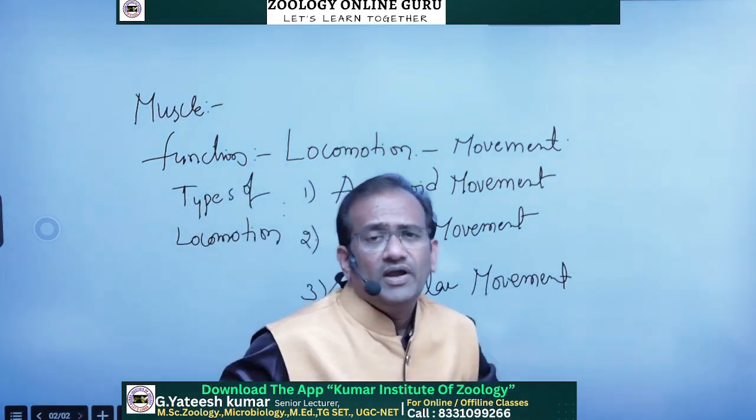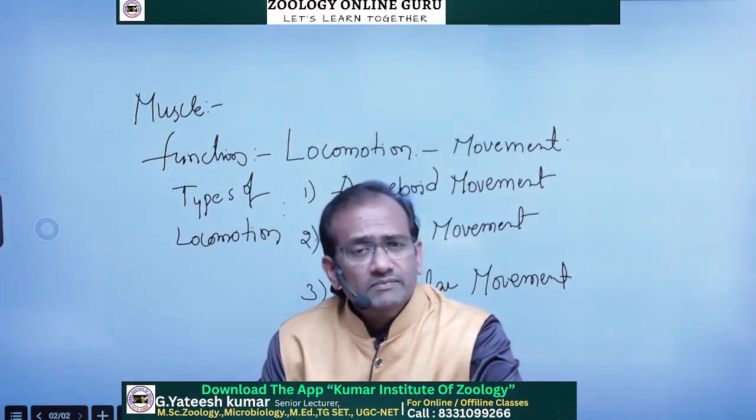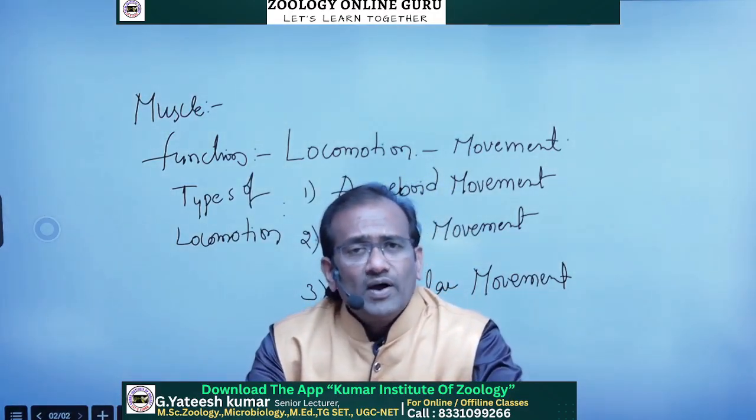So we have three different types of movements in organisms, and the first one is amoeboid movement.